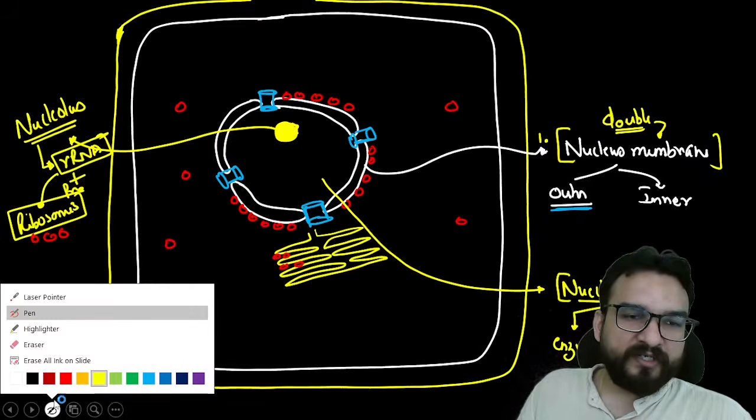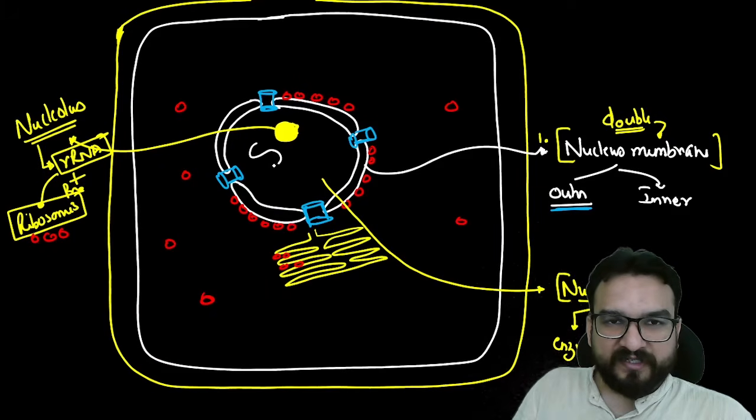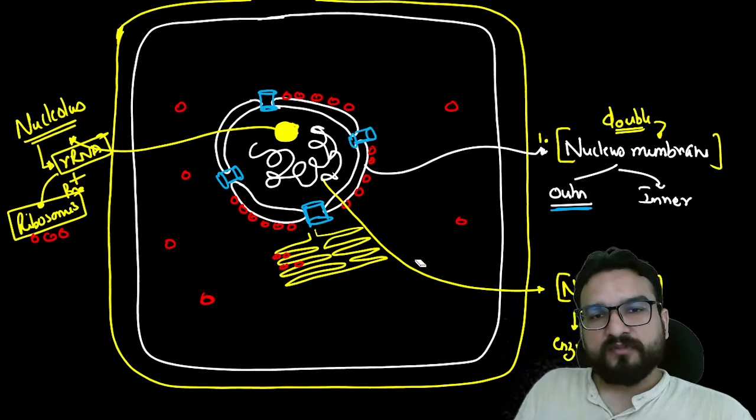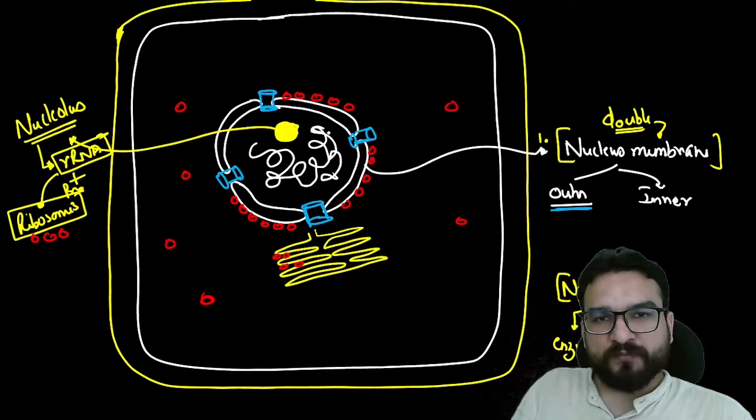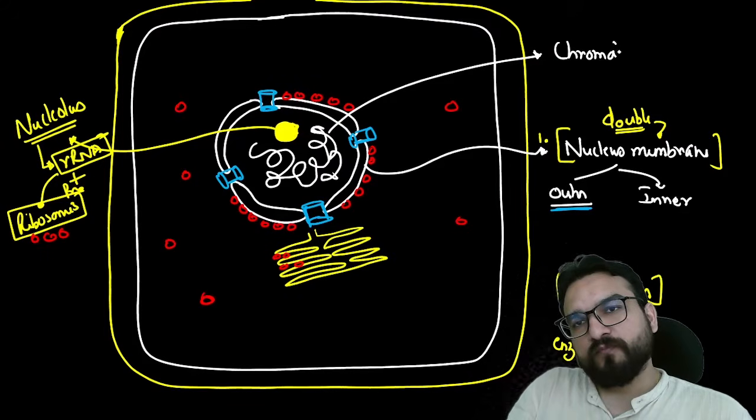where is DNA right now? I have not shown you any DNA. DNA will come now, guys. See, this particular DNA is like this. In this form, DNA is present. So this particular part we call chromatin fiber.